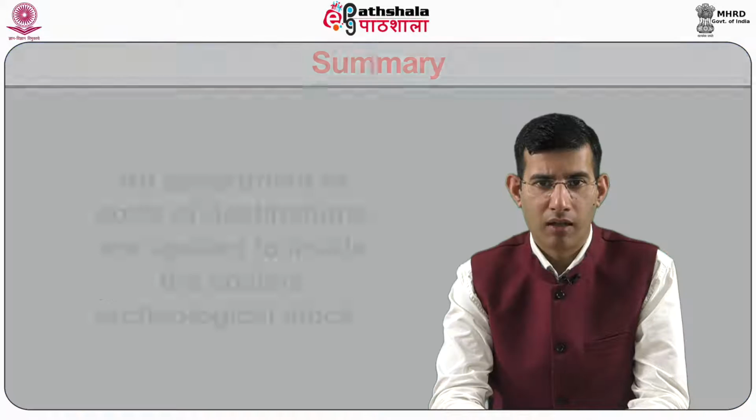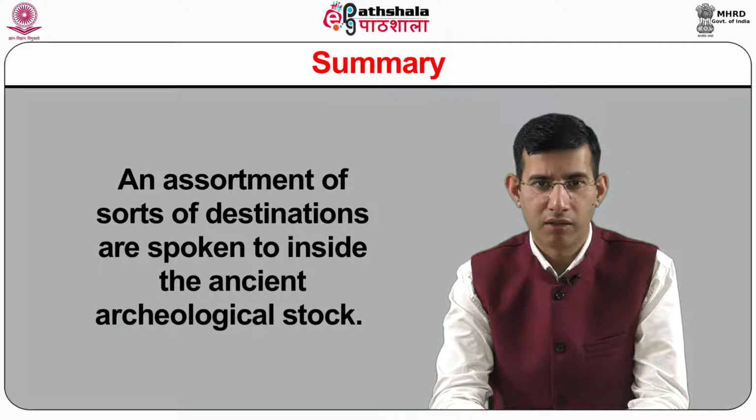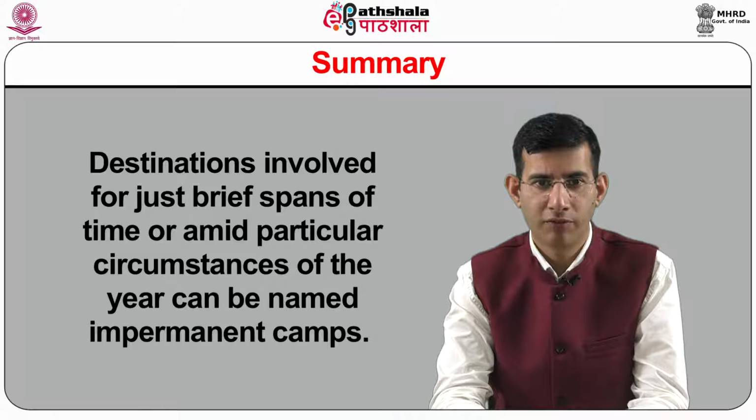A prehistoric site can be, for the most part, characterized as a place where human activity happened and materials were deserted. Prehistoric destinations are those at which such activities happened preceding the appearance of written records. A variety of types of sites are represented within the prehistoric archaeological inventory. Sites occupied for just brief spans of time or during particular times of the year can be named temporary camps.